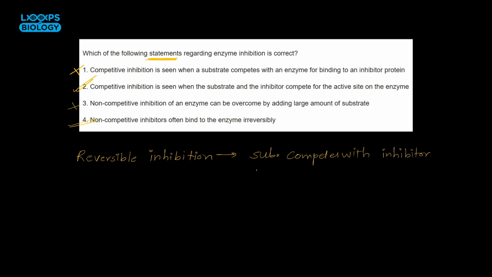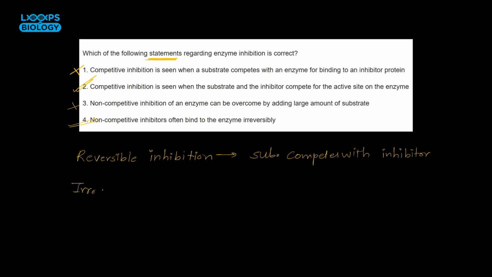Non-competitive inhibition can be overcome by adding substrate? No, because non-competitive inhibitor often binds irreversibly. If you are talking about reversible inhibition of an enzyme, in this case the substrate competes with the inhibitor for the enzyme's active site.